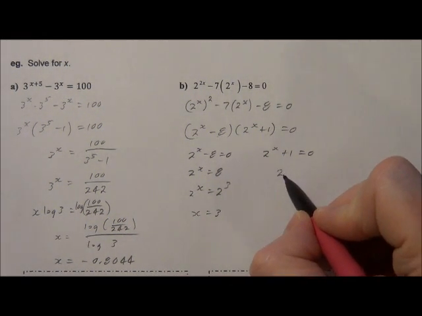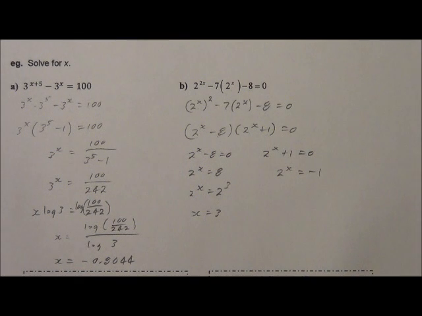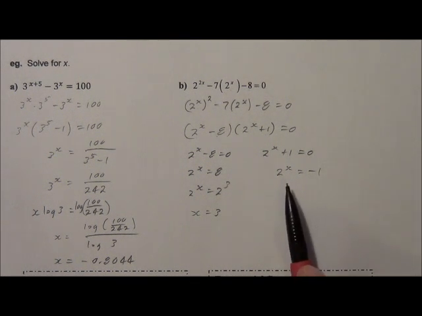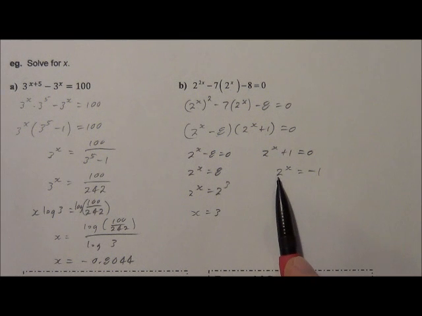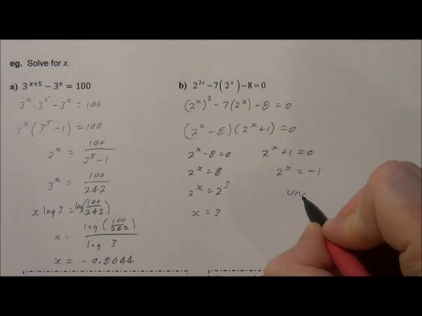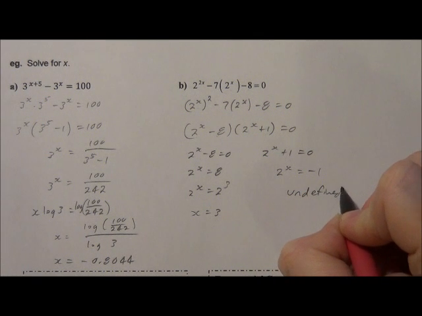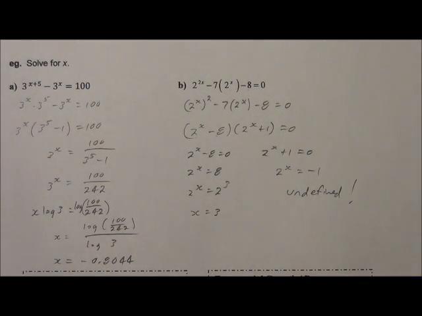Now on this side do the same thing. Now we have a bit of a problem though. What could you raise the base 2 to give you a negative 1? Nothing. This is undefined. So our only solution here is x equals 3.